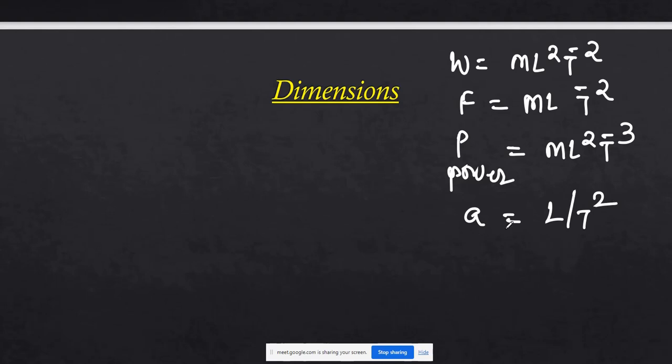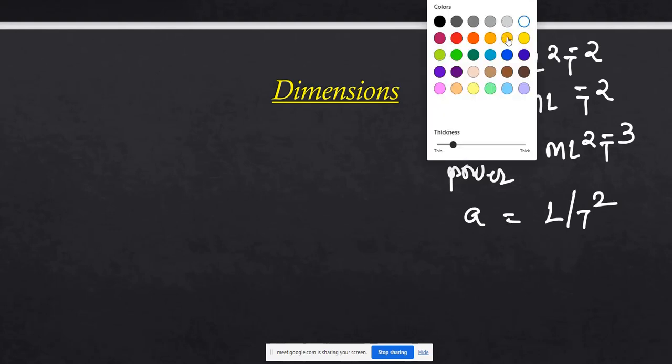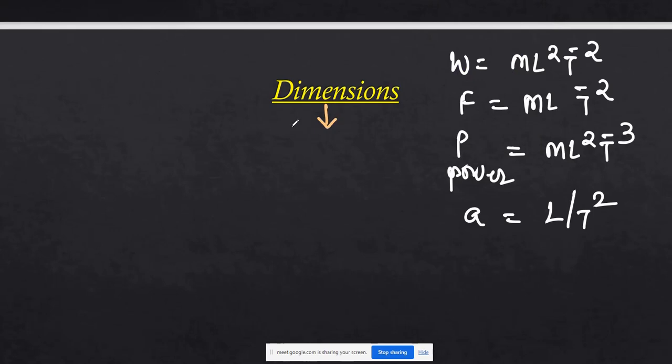Okay, so that is all about dimensional formula. You are representing a physical quantity in terms of basic notations. Now, what are dimensions? Have you noticed, Sahiti, in each dimensional formula we have some powers like M power 1, L power 2, T power minus 2? We are writing it in terms of some powers, right? Those powers are called dimensions.